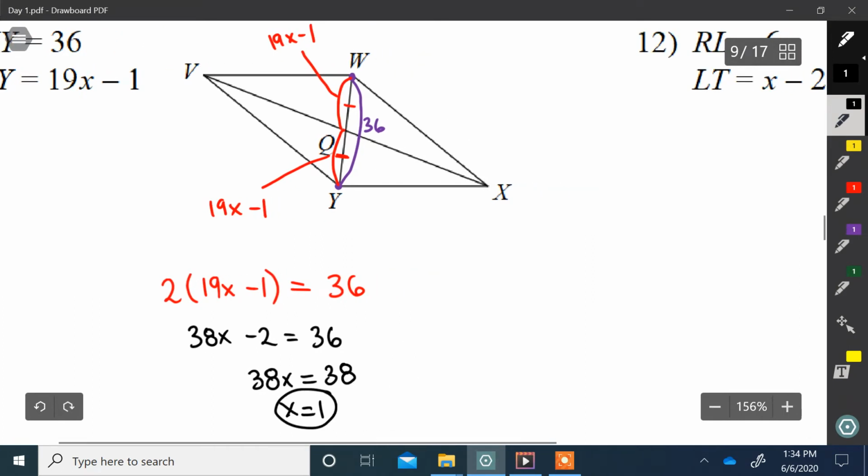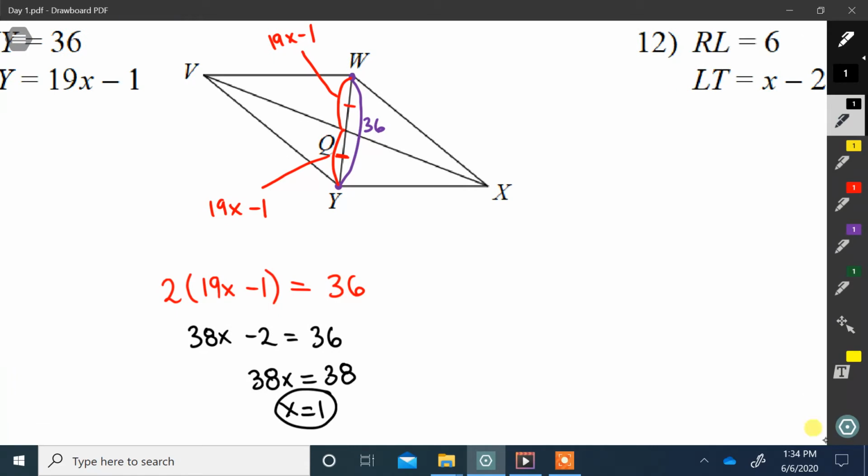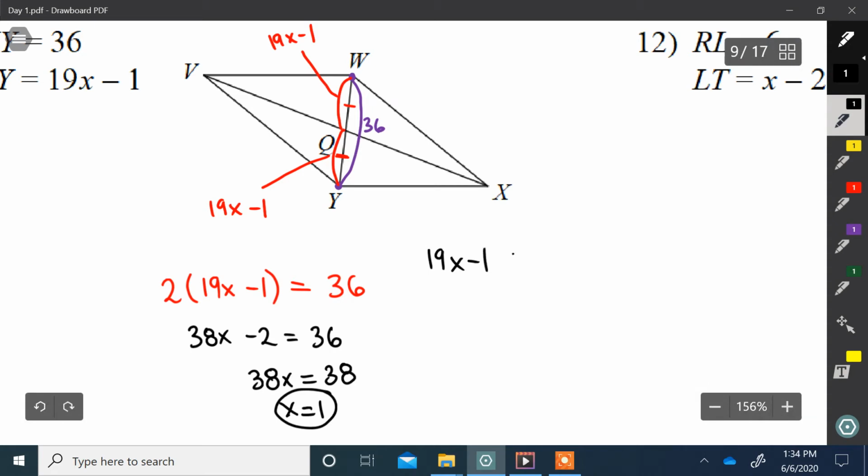Now, if you got confused about that too, let's just simplify. If you have 19x minus 1 plus, okay, so here's that side right there. This is this right here. Plus 19x minus 1. You're going to notice that it's the same thing. It's equal to 36.